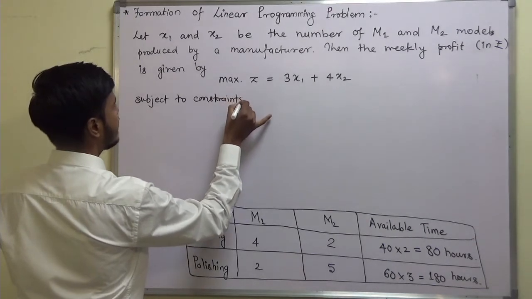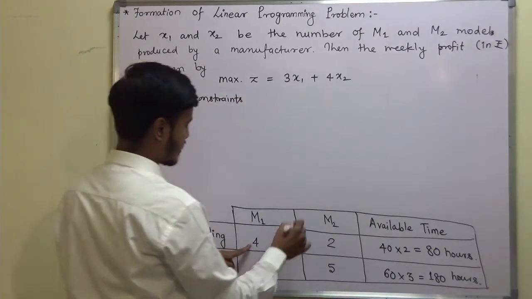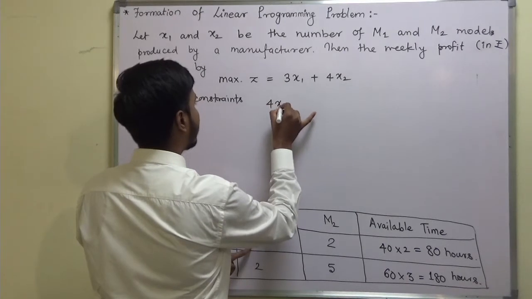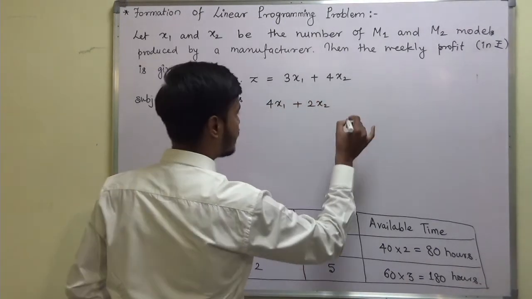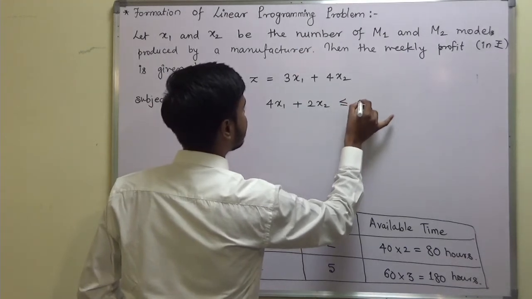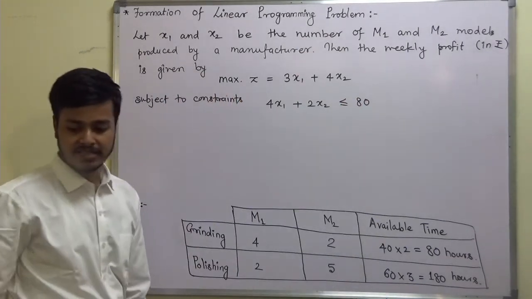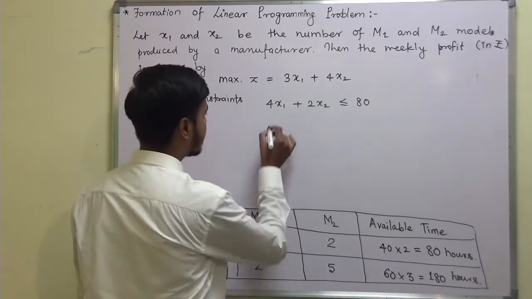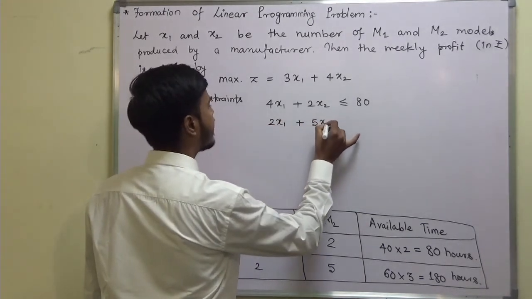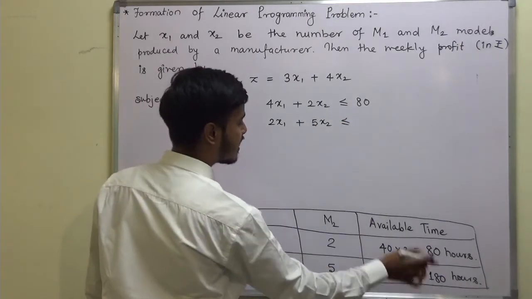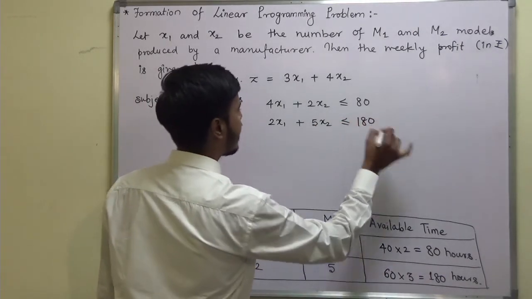So I am going to write, subject to constraints: 4x1 plus 2x2 is less than or equal to 80 hours. And next, 2x1 plus 5x2, and what is the available time? 180 hours.